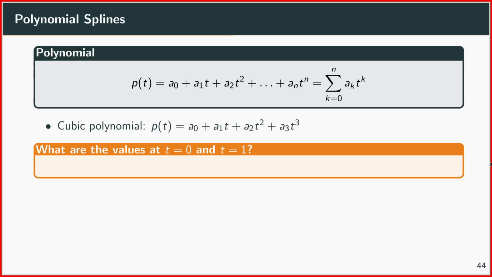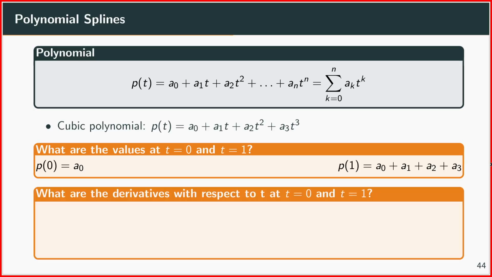At t0 it would be just a0, and at t1 it's the sum of all the a's. That is correct. And what are the derivatives with respect to t at t0 and t1?